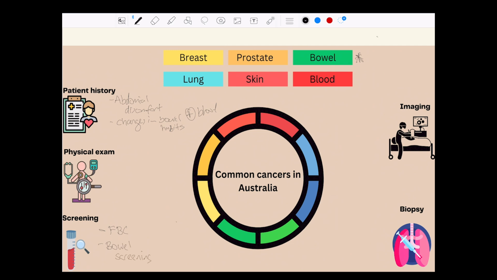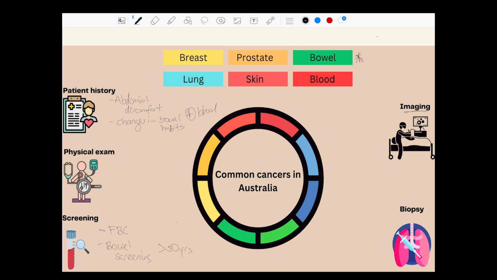And so we spoke about that earlier. So individuals over the age of 50 years in Australia are encouraged to complete the bowel screening test, and that essentially would demonstrate that there is some blood in the stool, which should get investigated further.